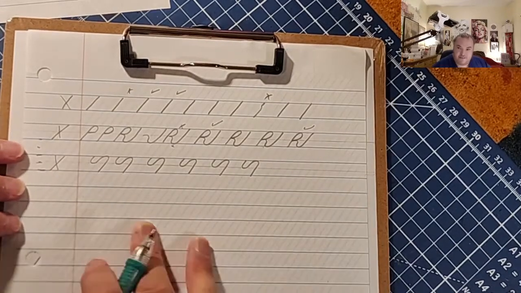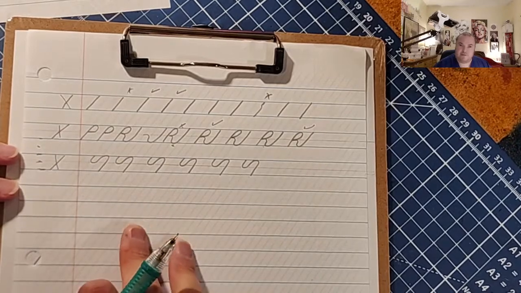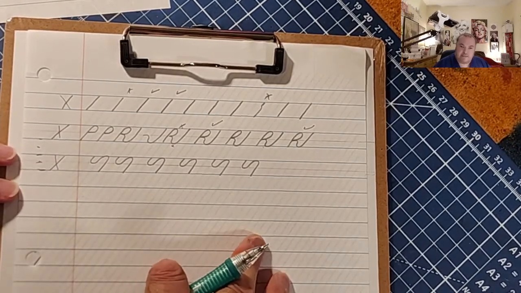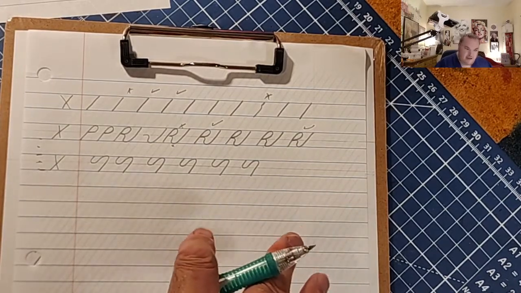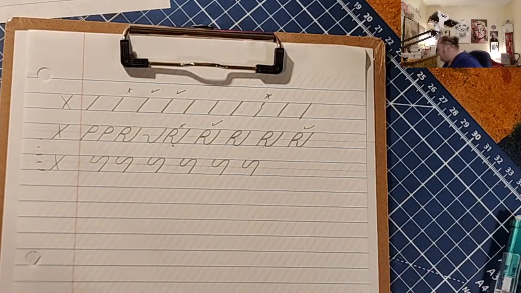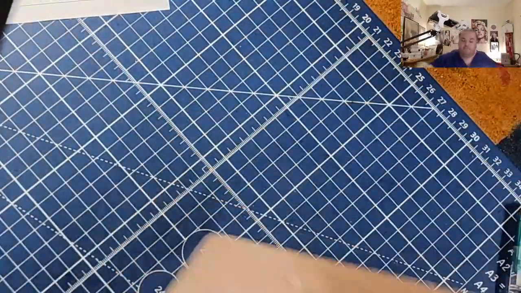If you can see your lines under your page, that is optimal paper. If you cannot see the lines through the page, I would encourage you to invest in something like a light pad.